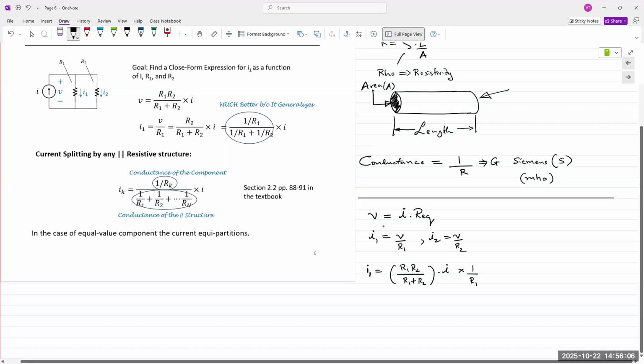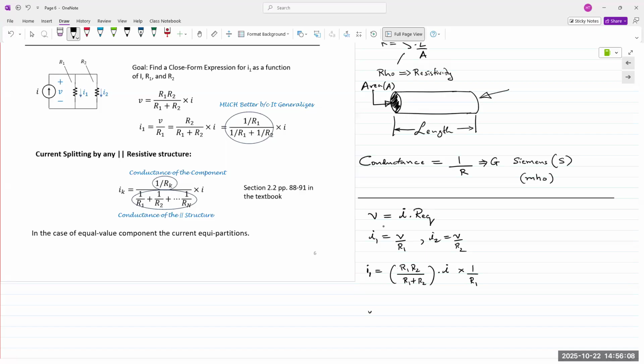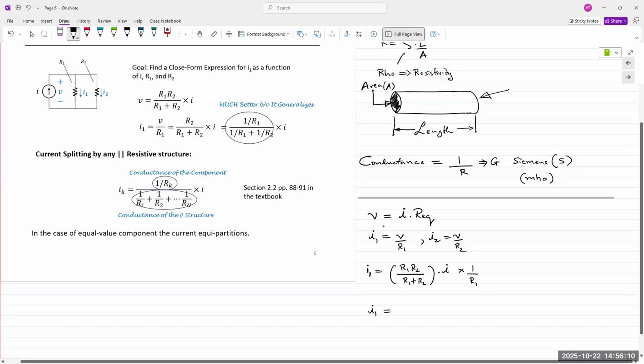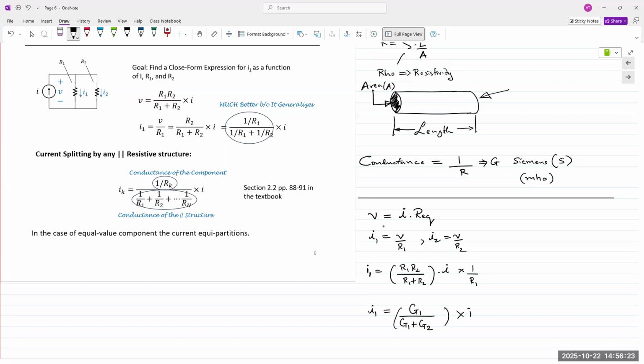So we can use conductances, and in conductances, we can write I1 is simply G1 over G1 plus G2, times I, of course. Far simpler. You simply find the reciprocal of each resistance, so that gives you the conductance of each resistor.